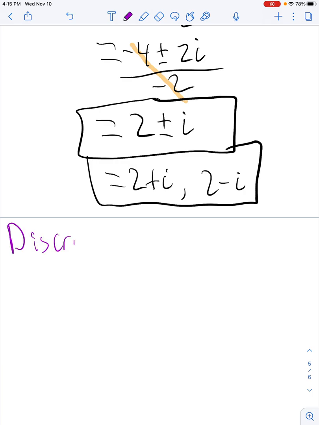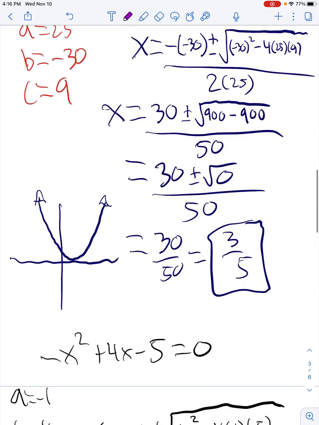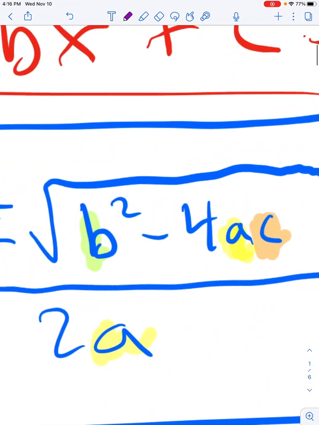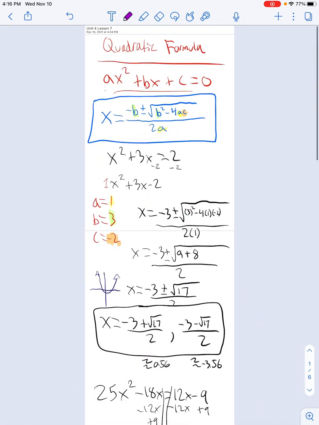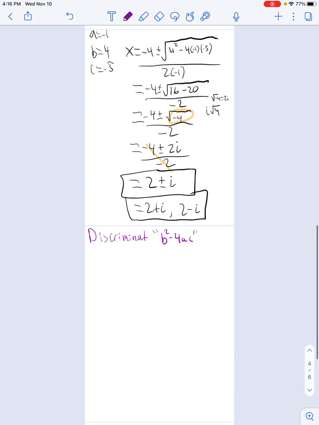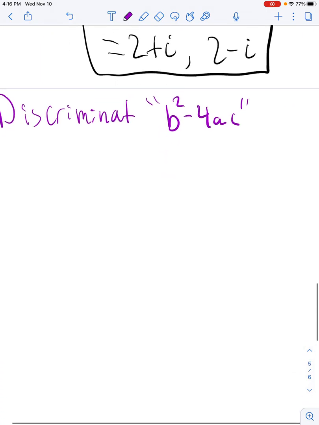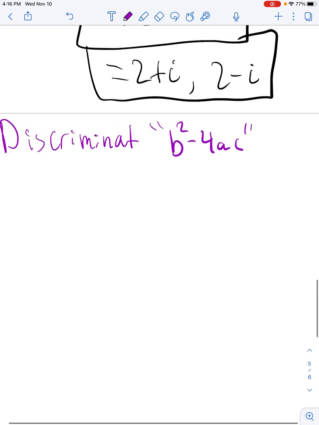Now we have this special word called the discriminant. We find that from our b squared minus 4ac section. So that part that's underneath our square root sign in the formula, b squared minus 4ac, is technically the discriminant.